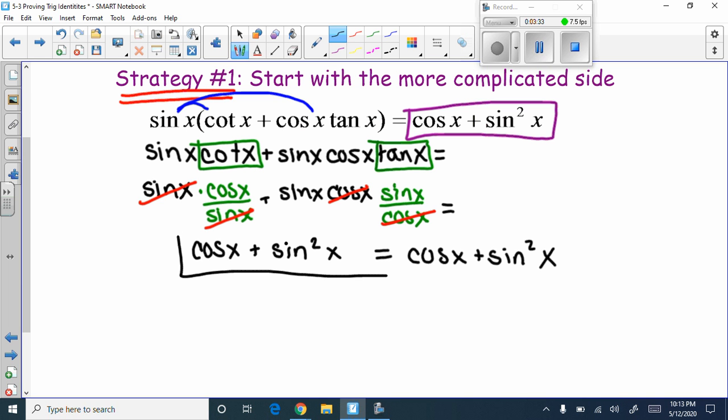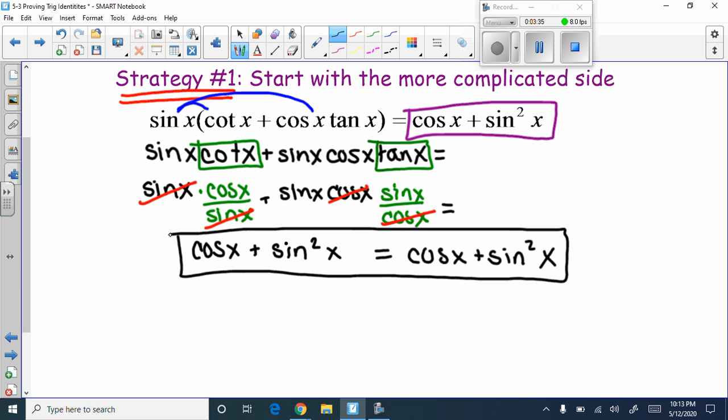There's nothing else that needs to be done. With all of this, you do need to take it step by step to verify that these two are equal to each other. The fact that you are proving it means that, yes, they are equal to each other. You just have to show why they are equal.